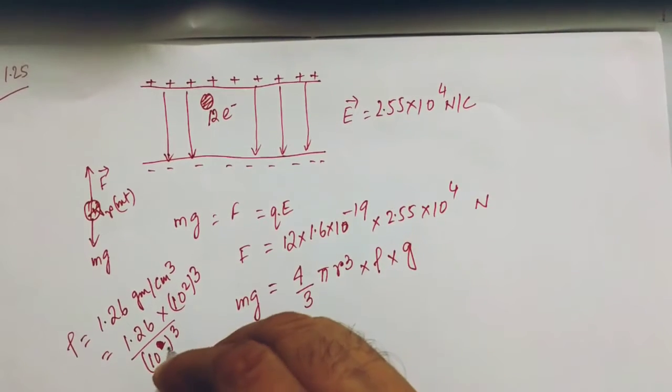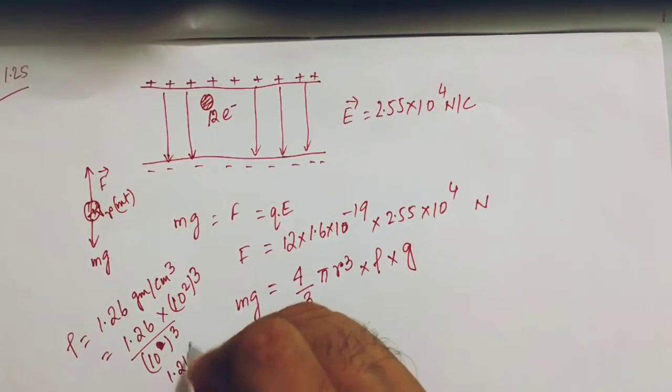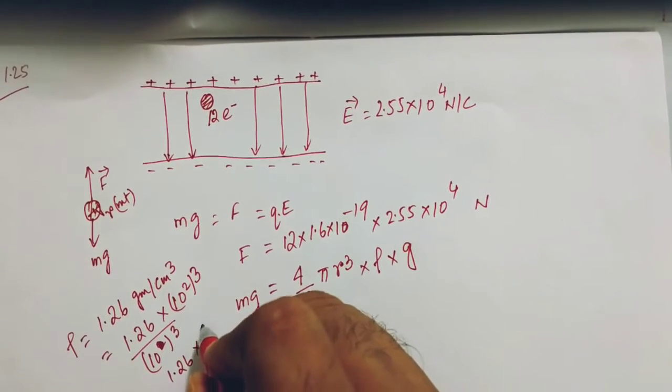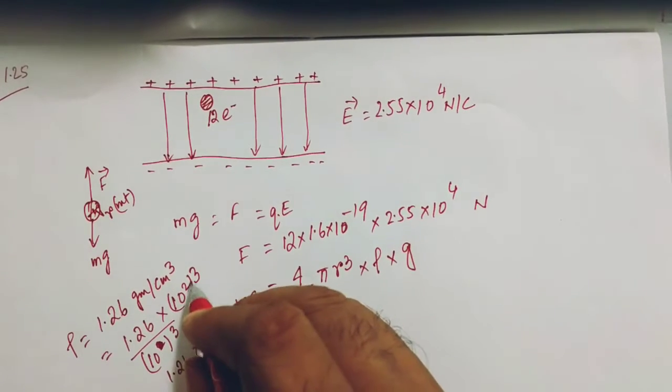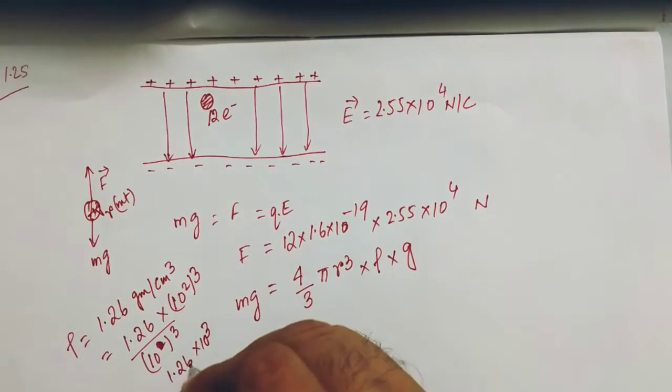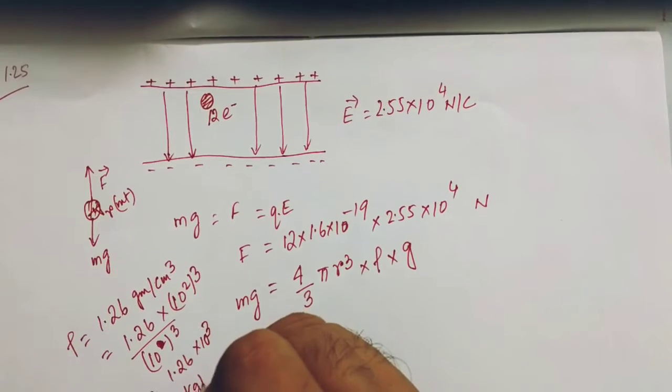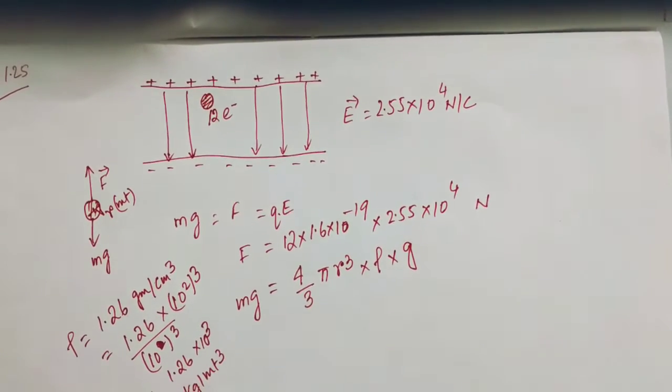So this is 1.26 into 10 raised 3 kg per meter cube, because 10 raised 6 and minus 3, so this will be the density, right?